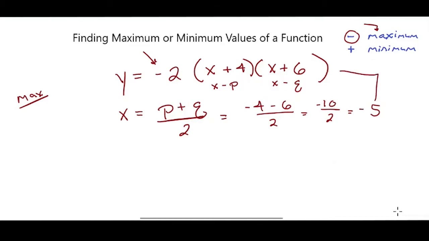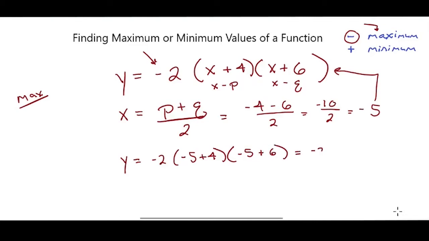So I'll take that -5 and plug it back into the original function. So y is equal to -2 times -5 plus 4 times -5 plus 6.